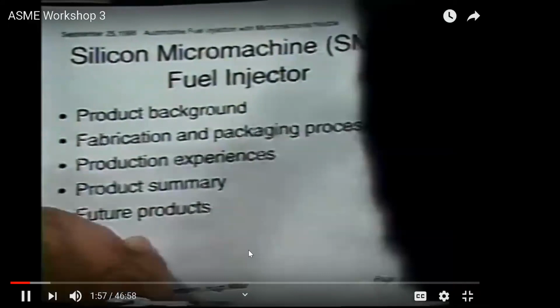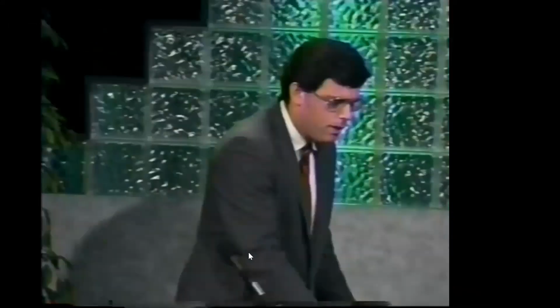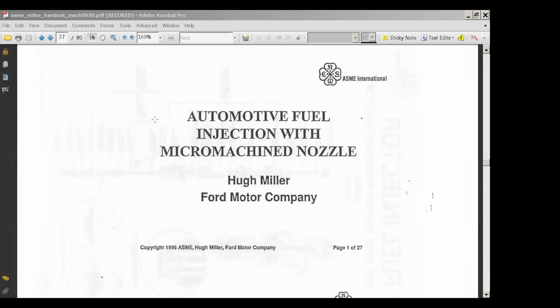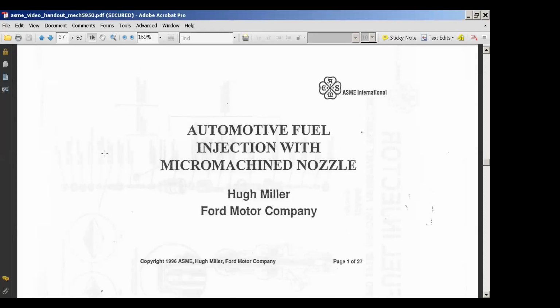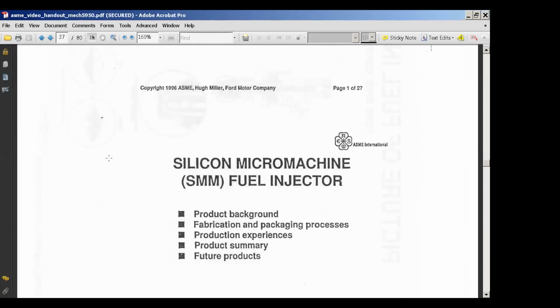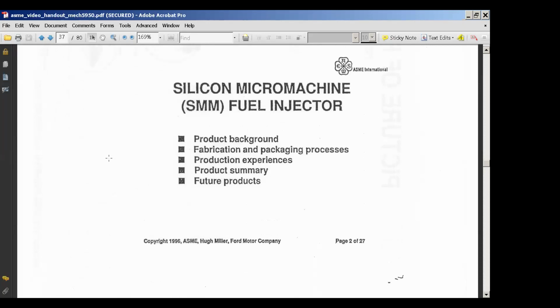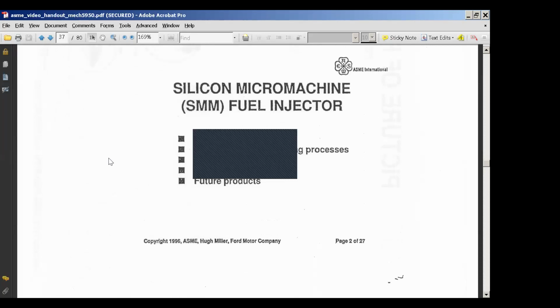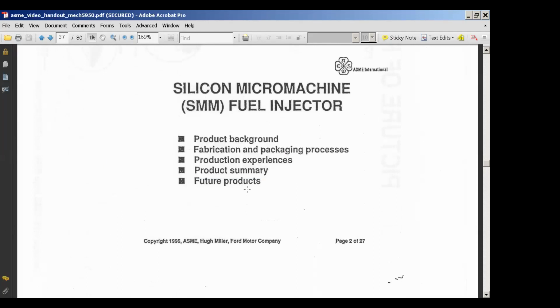To get you familiar with the injector, I have a view of the assembly here. This is a standard fuel injector produced by EFHD, that's Electronic Fuel and Handling Division at Ford Motors. They produce this SMM injector. At the very tip of this SMM injector is our silicon micromachine nozzle.